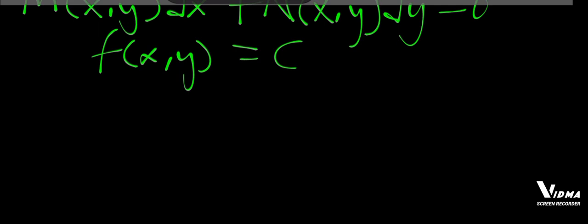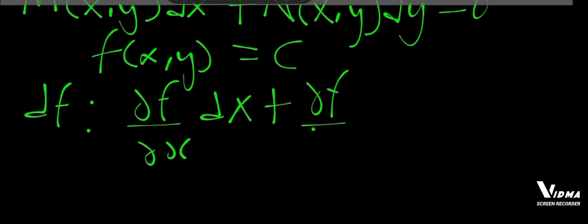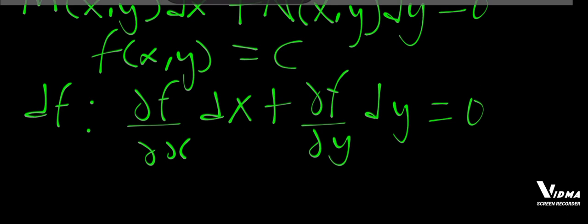Then I can say my total differential, that's the f, is going to be such that I'm going to have del f del x dx plus del f del y dy will be equal to 0.